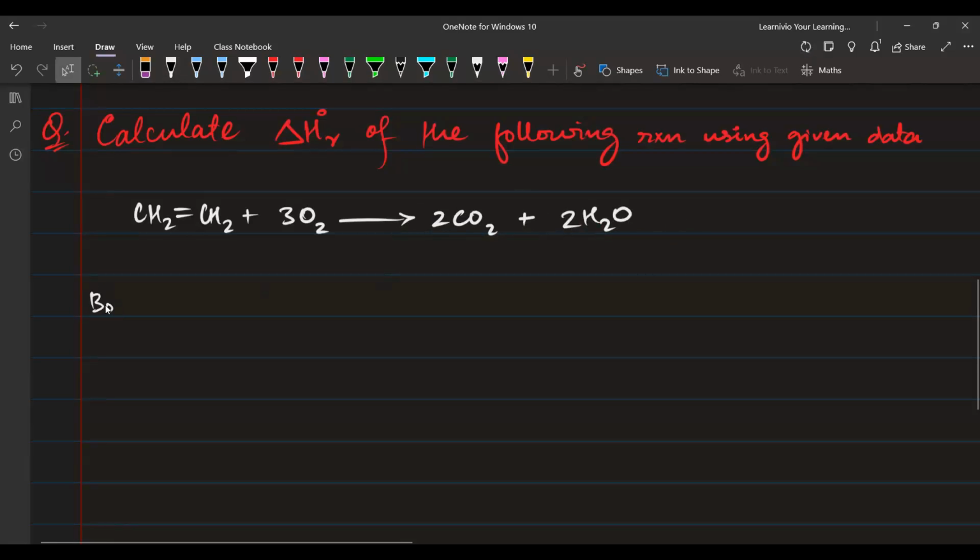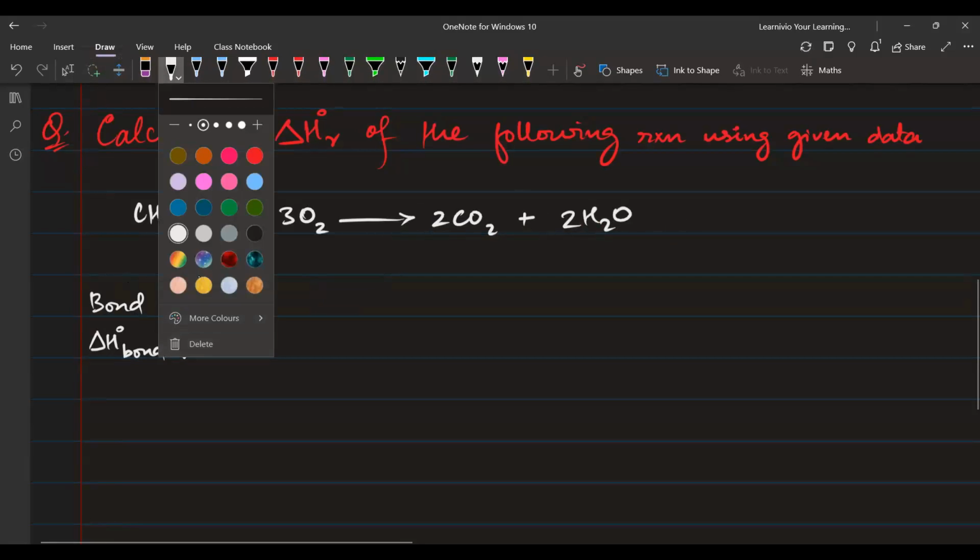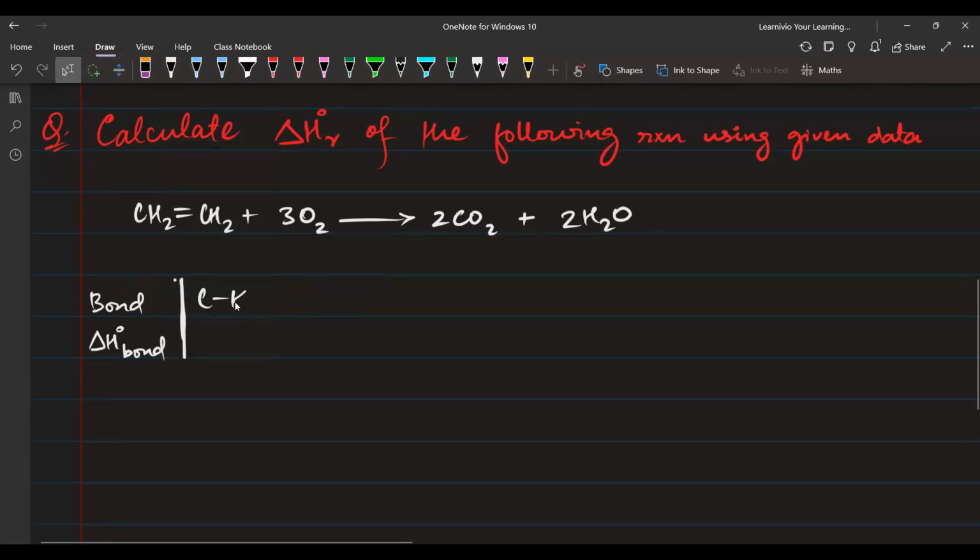You have been given the bond and their bond enthalpies. So for CH bond, the bond enthalpy is 414. For the carbon double bond carbon, the bond enthalpy is 619.